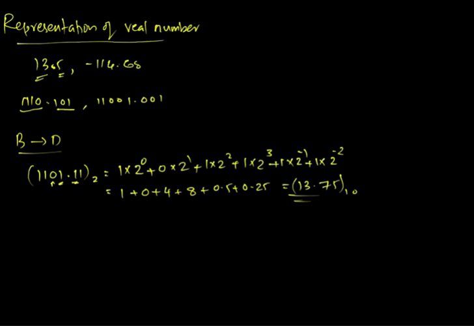The digits before the point, that is to the left of the binary point, will have weights in positive powers of the base 2, and the bits which come after the binary point, the fractional part, will have weights of negative powers of the base 2. Then expand it and we will get the corresponding decimal number.